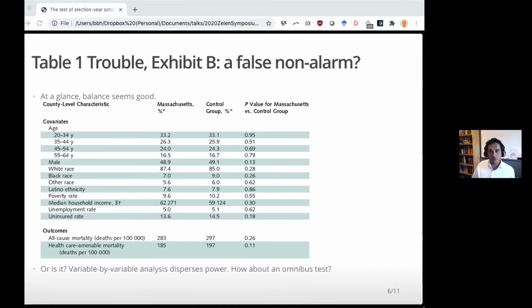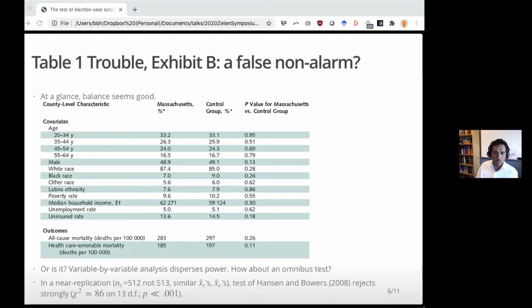But my take on this was maybe those aren't giving a good picture of what's going on in terms of comparability of this setup to what one would have expected to see after randomly selecting the counties, were one able to do that. And the reason they might not be doing what we would like them to do is when you're conducting a separate test like this for each of those variables, you risk dispersing your power in all directions and not being in a position to pick up on a discrepancy that's there.